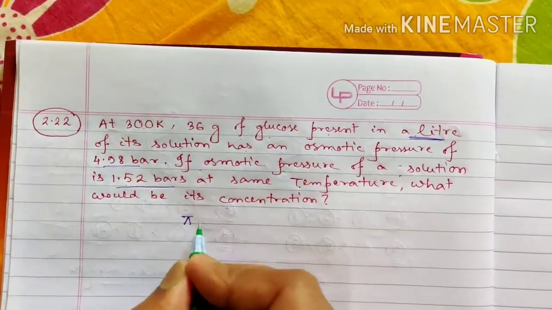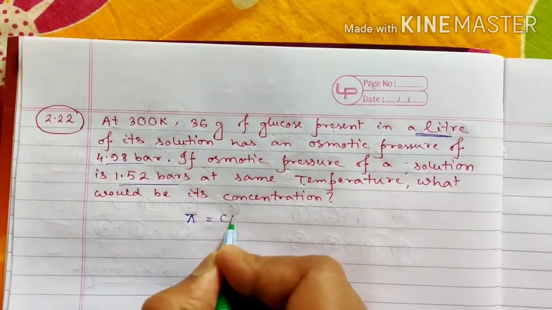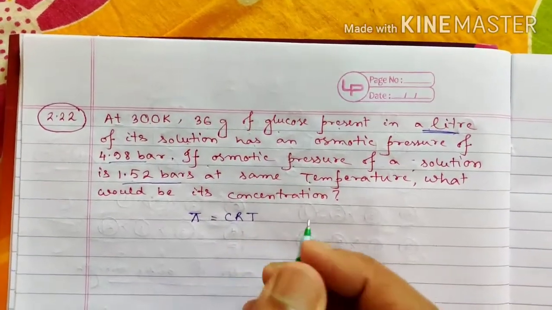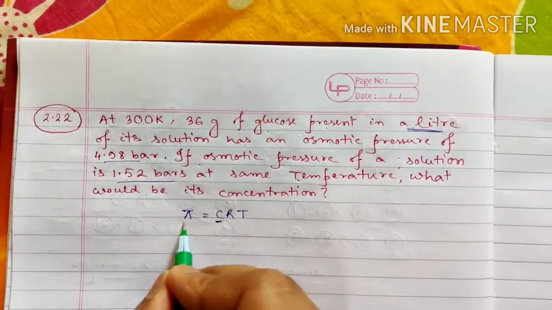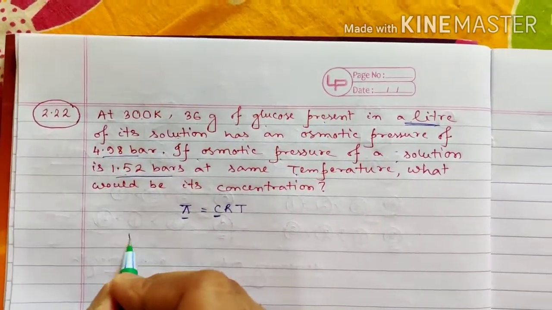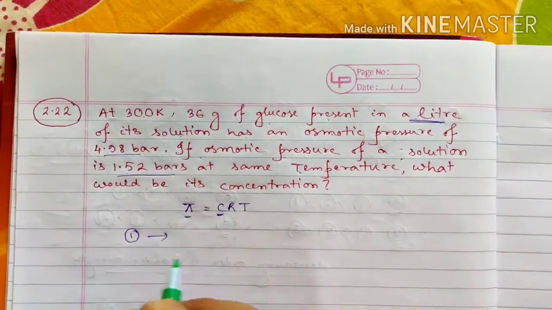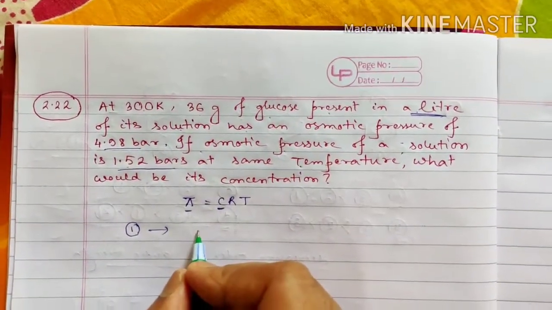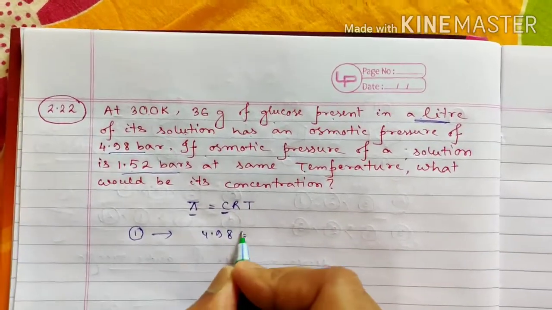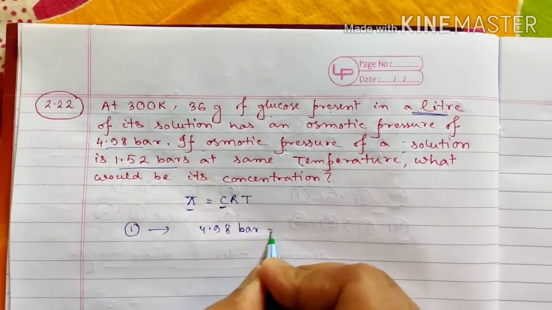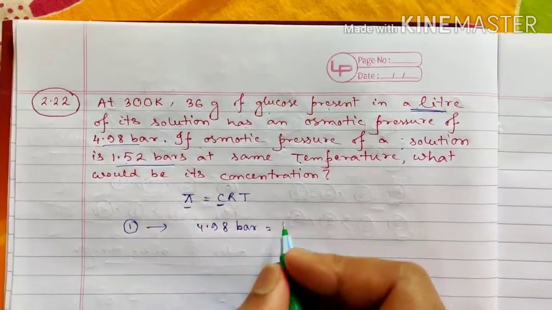As we already know, the main equation will be pi is equal to CRT. Now is the concentration part. Pi is given for the first solution. So for the first solution, we can write 4.98 bar is equal to the value of C which is given.